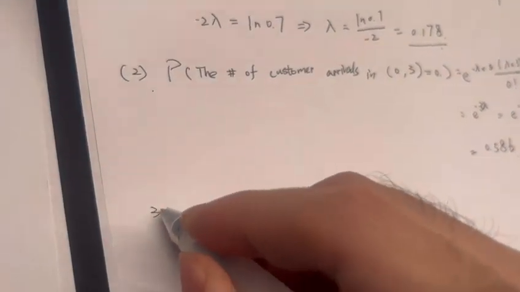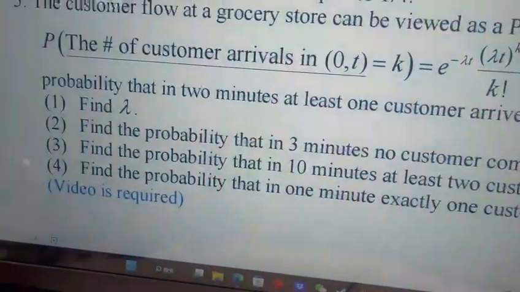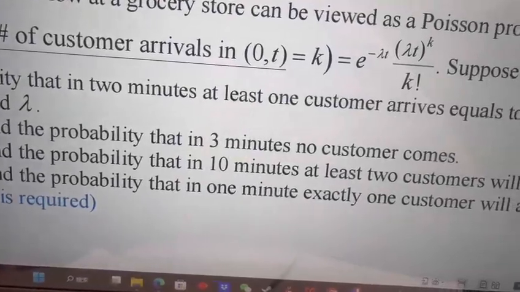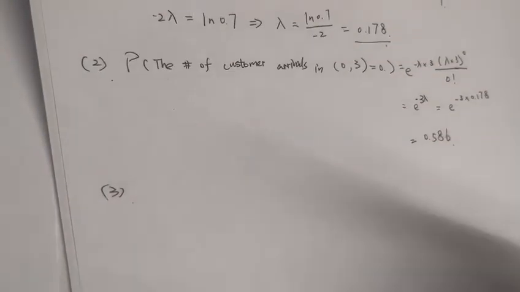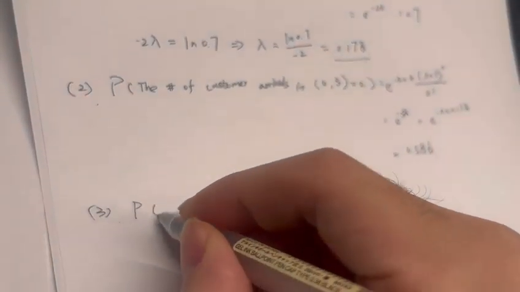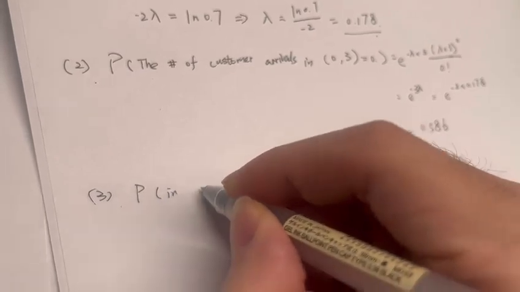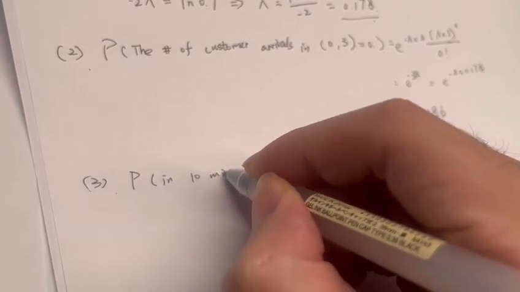The third question asks us to find the probability that in 10 minutes at least 2 customers arrive.